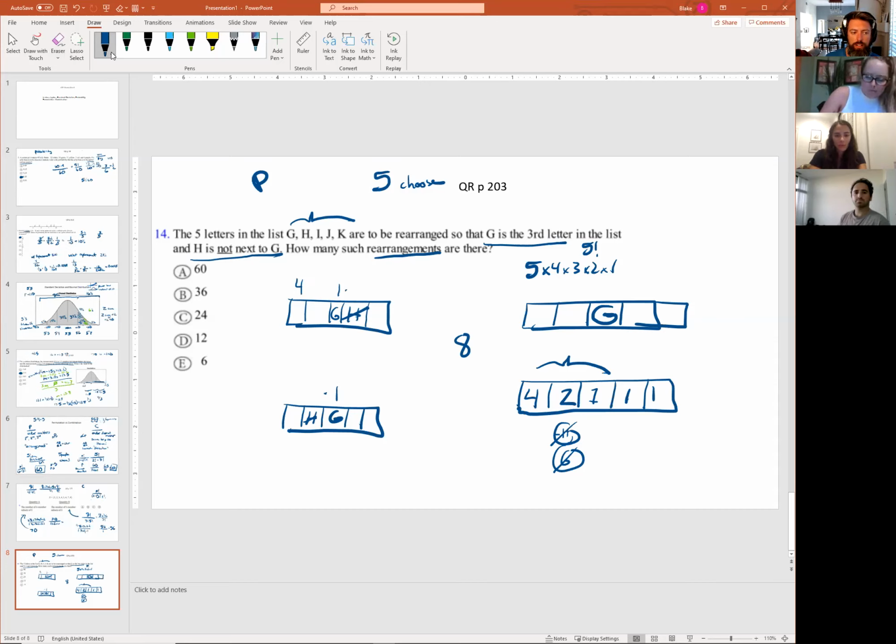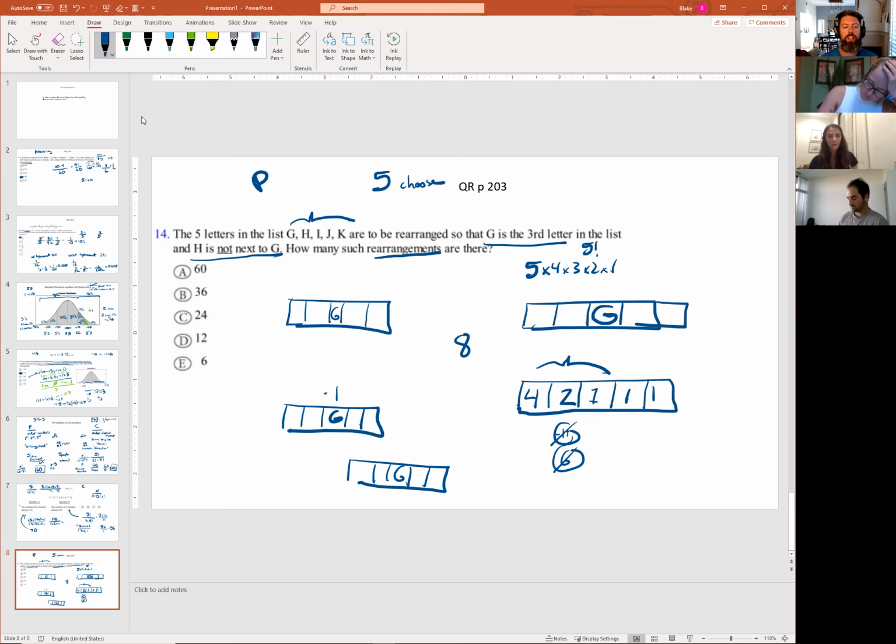We have 4. Sorry, what I'm going to do, instead of doing the not G's, I think it'll be easier here. We're going to put the possible places where H is.